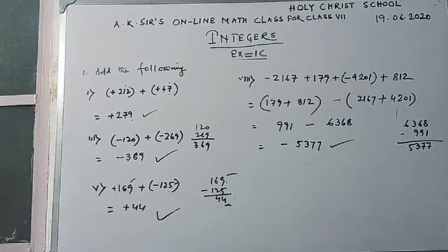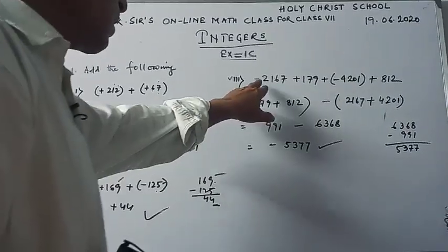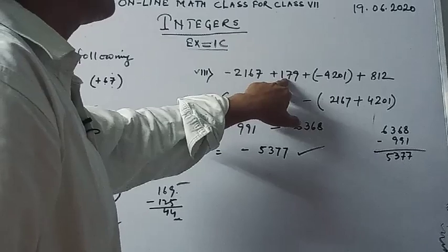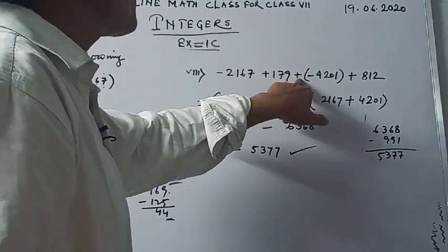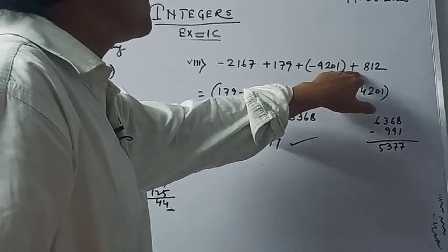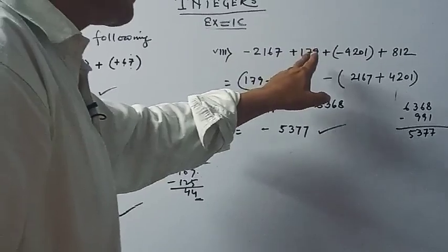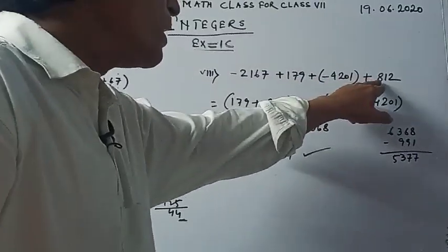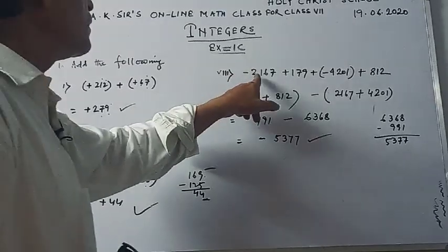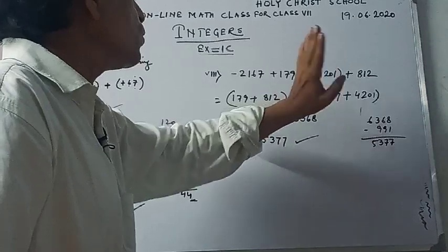Okay. Now move to sum number 8. Minus 2167 plus 179 plus minus 4201 plus 812. Here there are two positive integers, 179 and 812, and two negative integers, 2167 and 4201.